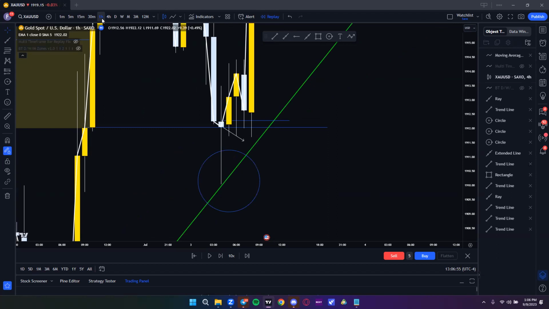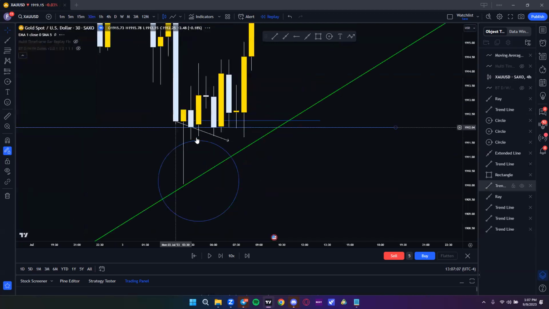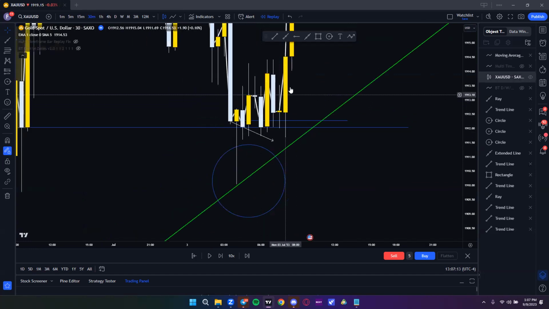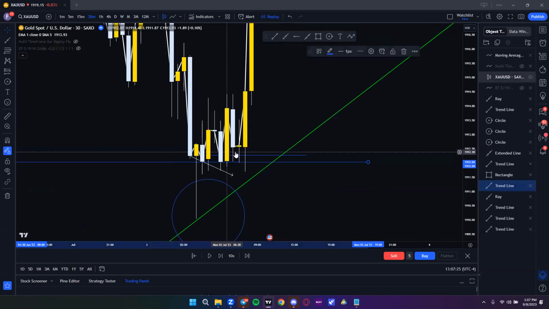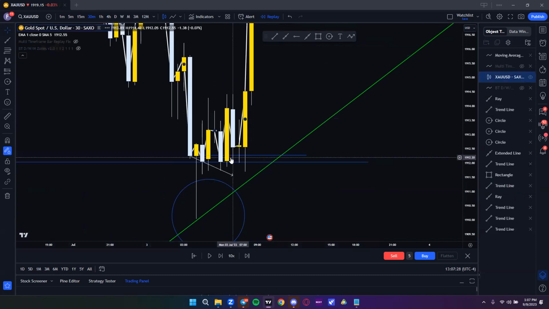Because we're always prioritizing the higher time frame. If you miss that entry right here, getting into this would pretty much be this entry right here. And what you see is that after it does that, at no given point did the price close below these levels, right? It pushes up.